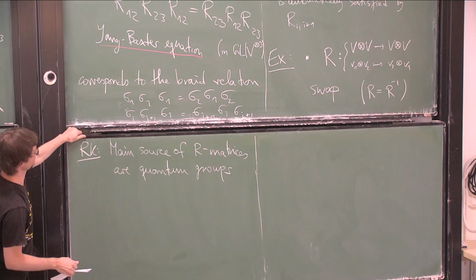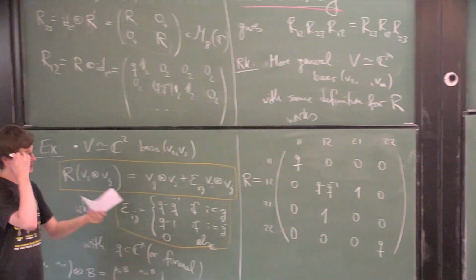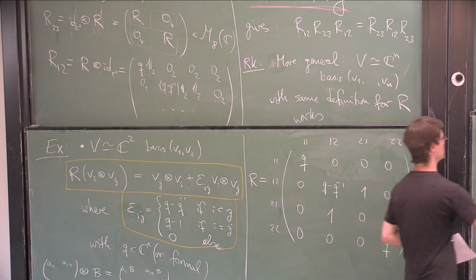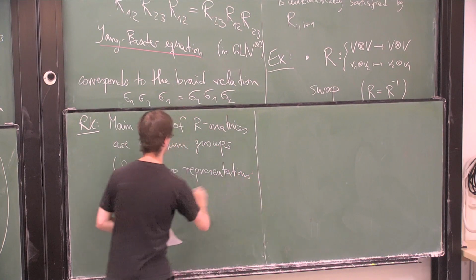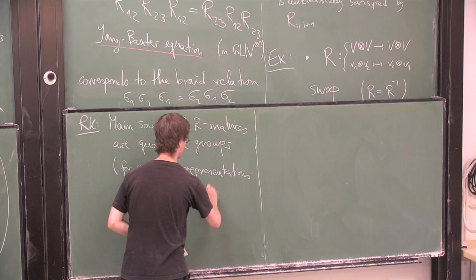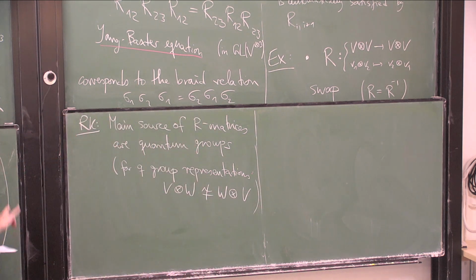The quantum group is not really a group, but it's some algebraic object for which you can, in particular, define a representation, so some action on a vector space. For a quantum group, when you have representations and you take two of them and tensor product them, they are not canonically isomorphic to their swap.